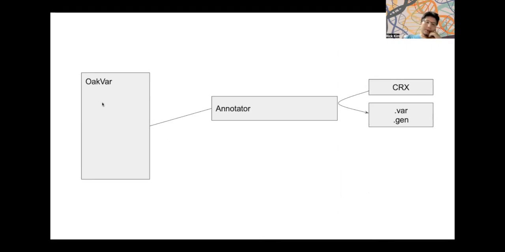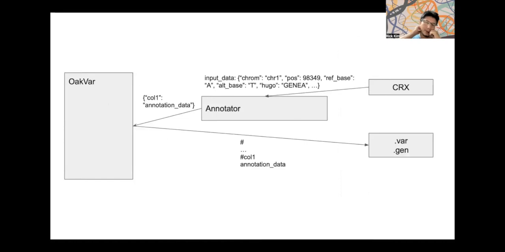Our topic is this step, OakVar annotator, CRX to .var/.gen. In more detail, we have the CRX, and OakVar will convert each row of the CRX file into one dictionary.